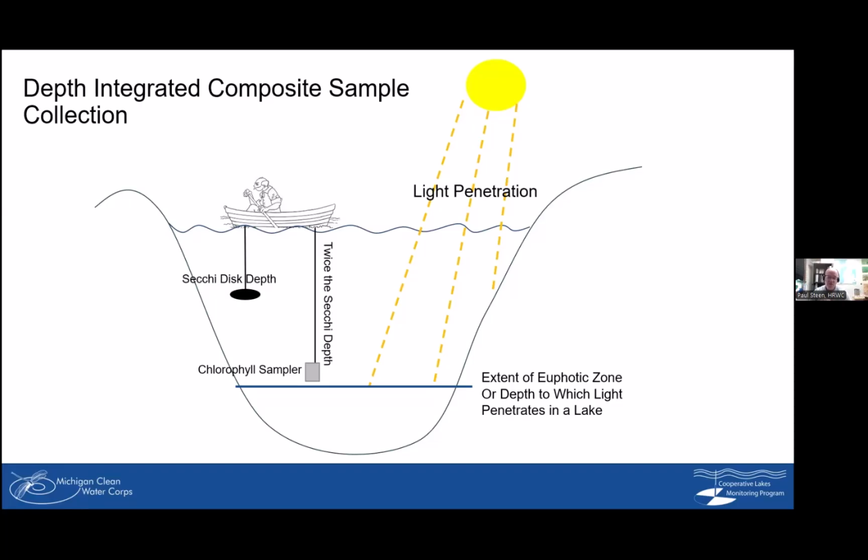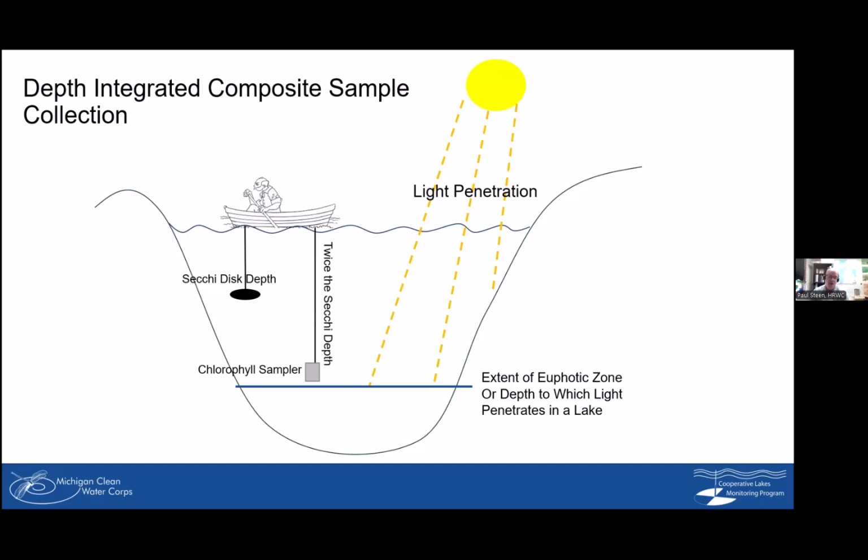If light is penetrating down further, that's also where there's going to be algae growing. Studies have shown that twice the Secchi depth is very close to how far light can penetrate to the extent that it can cause algae to grow. Since we're interested in sampling the entire algae community, at the top, in the middle, and closer to the bottom of the lake, we want water that has all of that algae in it.